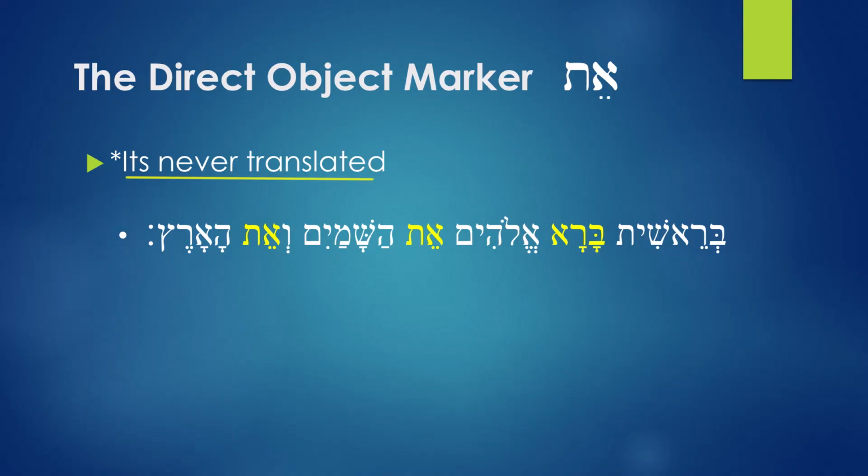When you translate the Hebrew to English, the word et is never translated. It's just a pointer showing you the direct object in the sentence. Number two, remember it points to the object receiving the action of the verb. It signals to you that what follows it is the definite object of the verb.